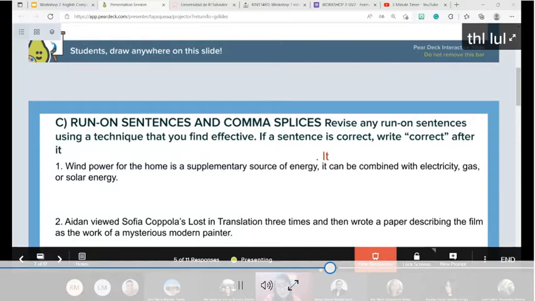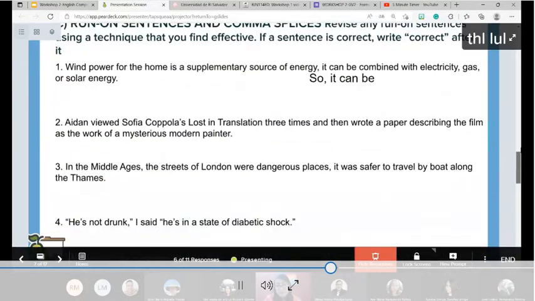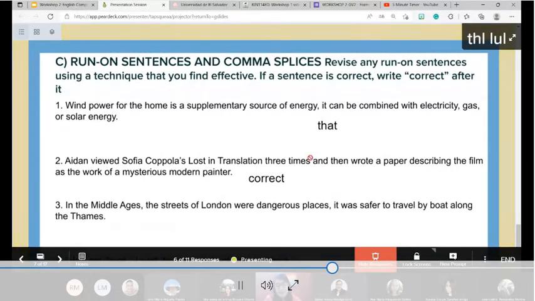But number 3, so here we can fix it with that. We can also add a semicolon instead. And we delete the comma if we use that. And we crossed it. Second, it's correct, right?